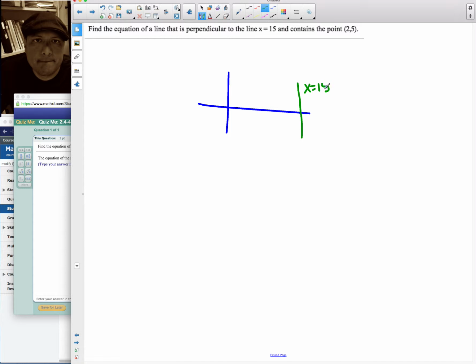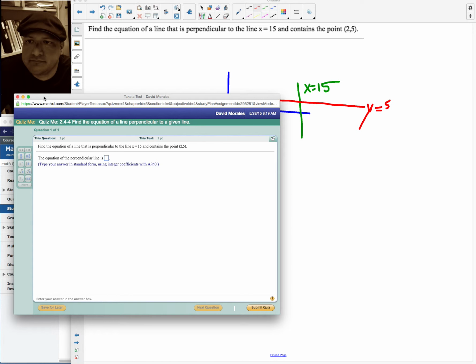The point 2,5 is going to be somewhere over here. We want it to be perpendicular, so this line basically is the line y equals 5.